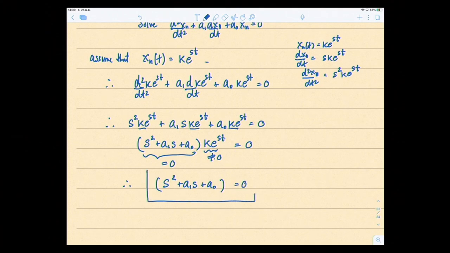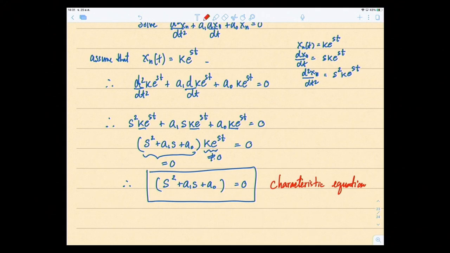And this equation is called the characteristic equation. To make this equation true, the left side has to be equal to the right side, equal to 0, you have to find its root, the value s.